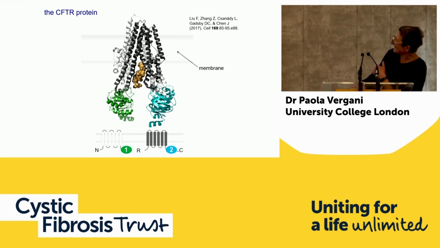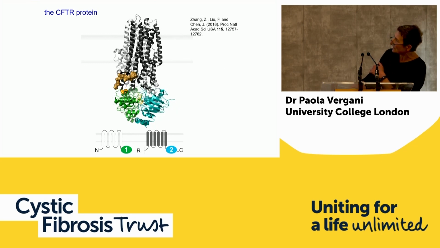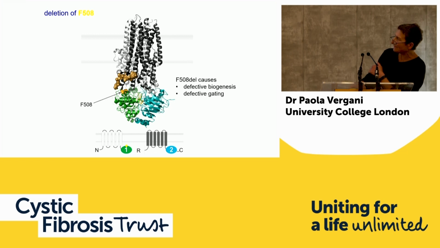That's the membrane. This is one of the cryo-EM structures of Ju Chen. Very beautiful. And this is another conformation of CFTR. This one is dephosphorylated. This one is phosphorylated. And here is F508. As everybody knows, F508 causes gating problems and biogenesis problems.